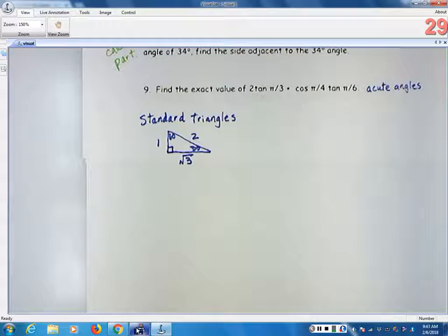Oh, well, it tells you. These are acute angles.